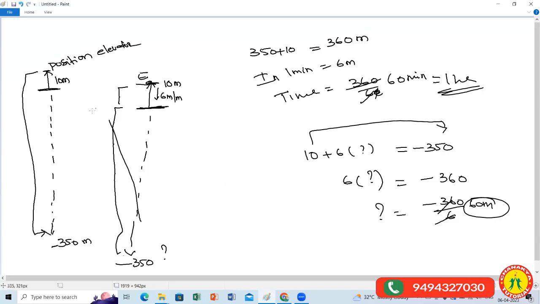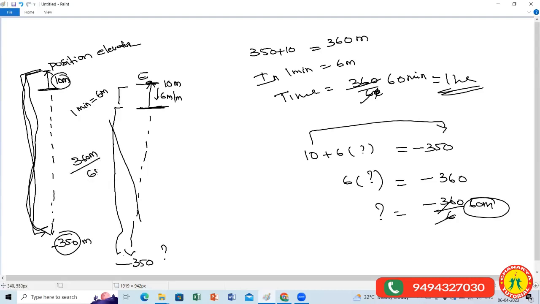They gave a condition also. In 1 minute, how much distance is it going? 6 meters. That's why the total distance here, from here to here, is 10 plus 350, together 360 meters.